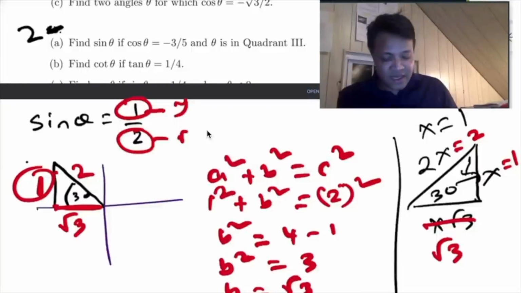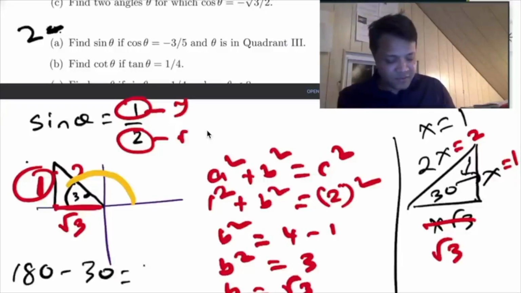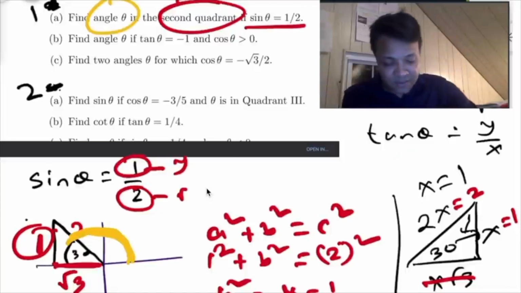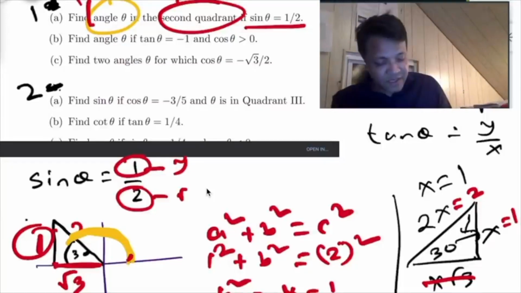So if this is 30, then what is this one? If this is 30, this must be 150, because 180 minus 30 degrees is 150. So this must be the angle that we are looking for, 150 with respect to the x-axis.